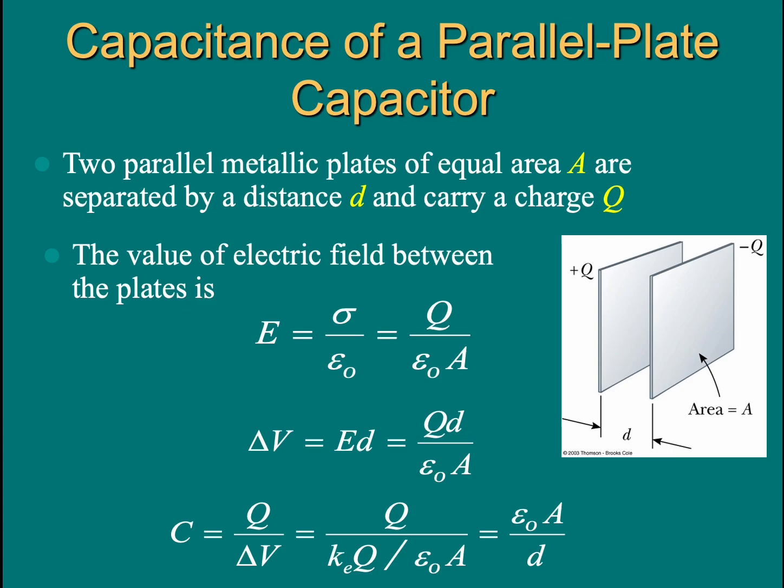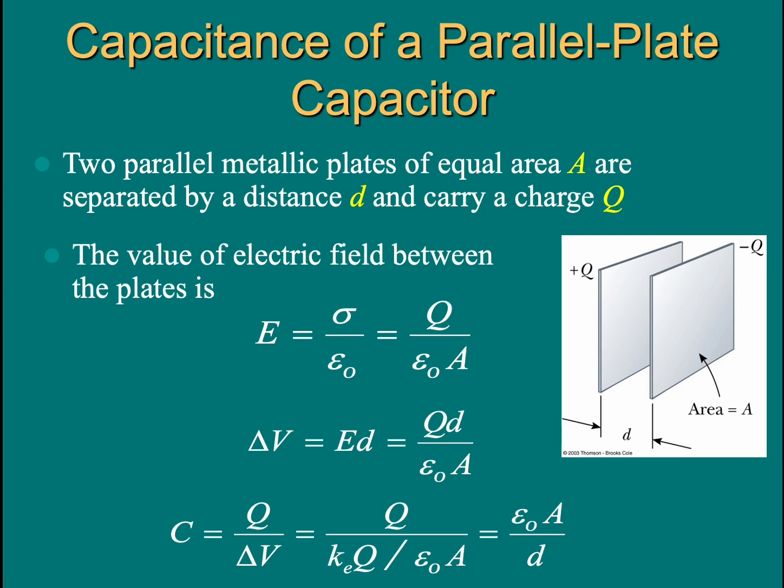And charge density is charge over area, so electric field is given by Q divided by vacuum permittivity epsilon naught times A. Q over epsilon naught A gives us electric field. And then we know potential difference of a uniform field is given by electric field times d. Delta V equals E times d.